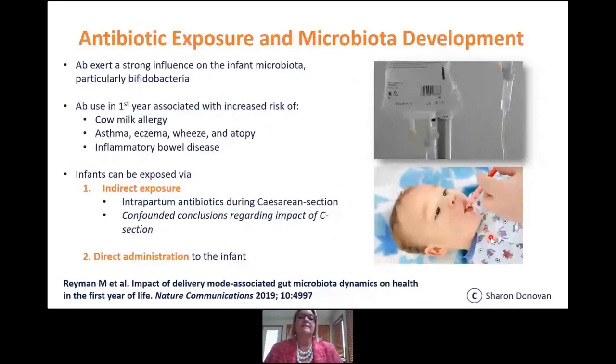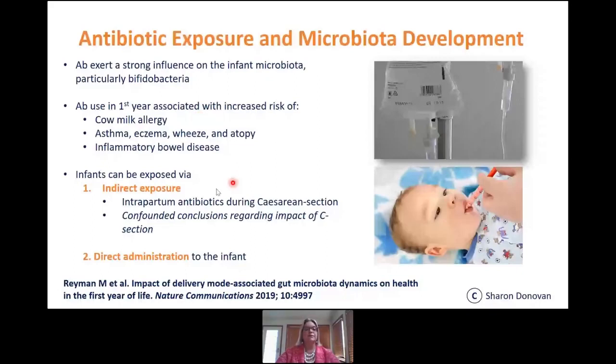Now looking at antibiotic exposure and microbiome development. Antibiotics, as we all know, can exert a strong influence on the microbiota, and in the infant it particularly affects the bifido. Studies have shown that antibiotic use in the first year is associated with an increased risk of allergy, asthma, eczema, wheeze, atopy, and inflammatory bowel disease. So the hypothesis is that antibiotic-induced dysbiosis may be impacting infant immune development.